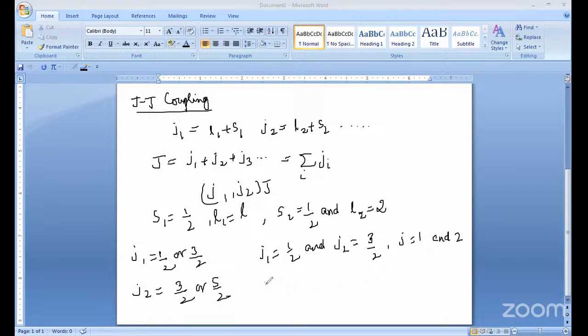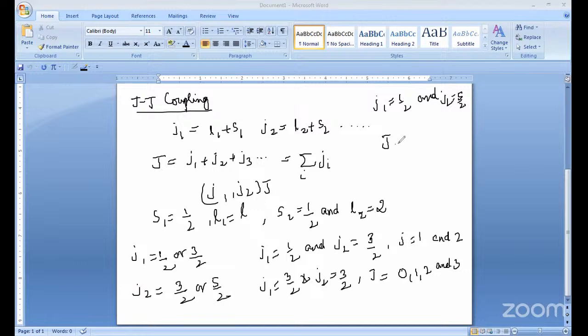From another one, J1 equals 3/2 and J2 equals 3/2, by combining these, J can take 0, 1, 2, and 3. Similarly, take J1 as 1/2 and J2 as 5/2; by combining these, you may get the J values 2 and 3.